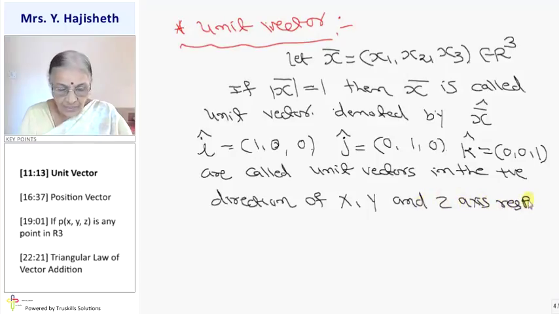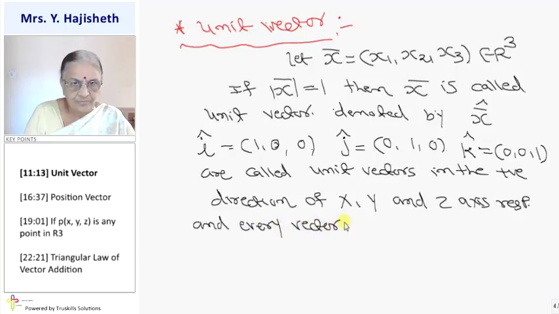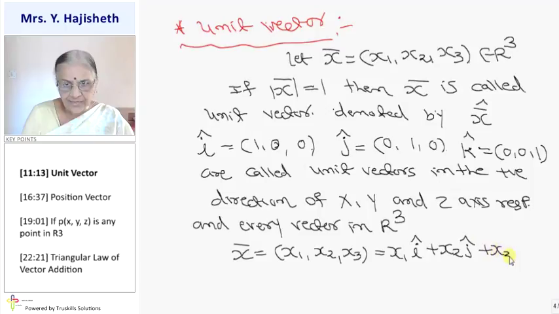And every vector in R cube, suppose x, that is (x1, x2, x3), can be written as x1 i plus x2 j plus x3 k.